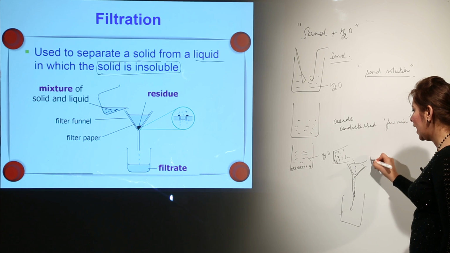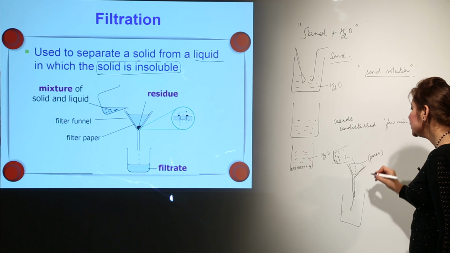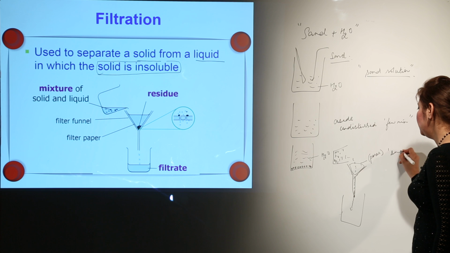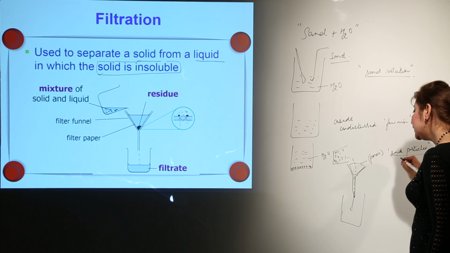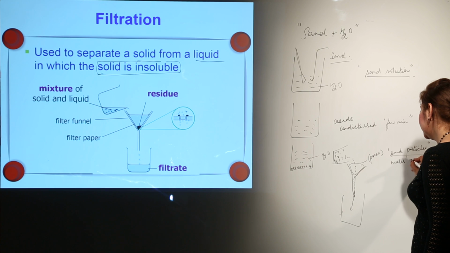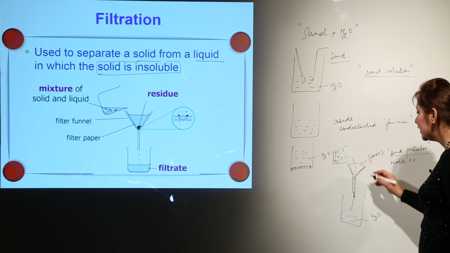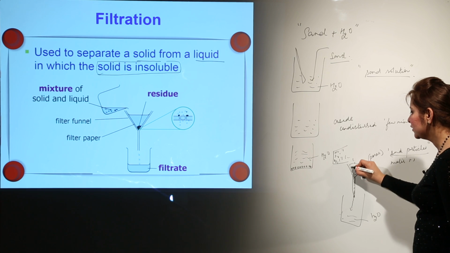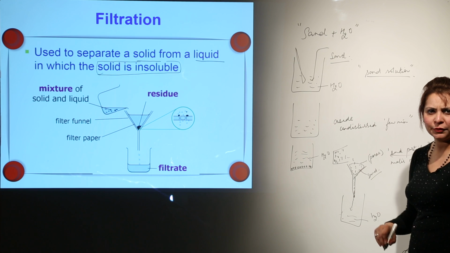You know what is going to happen. This filter paper has minute pores. So what is it going to do? It will not allow the bigger size particles, that means the sand particles, to pass through, but it will allow the water particles to pass through. So we will be getting water, and the sand is separated by these pores and remains behind in the filter paper, right?